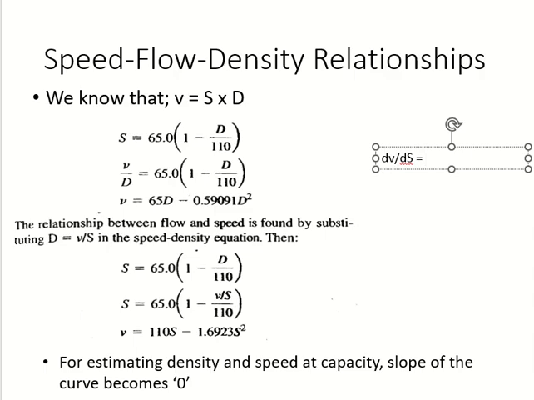So what is this? If you take the first derivative, what will you get? 110, the last equation, minus 2 times 1.6923 S equals to 0.